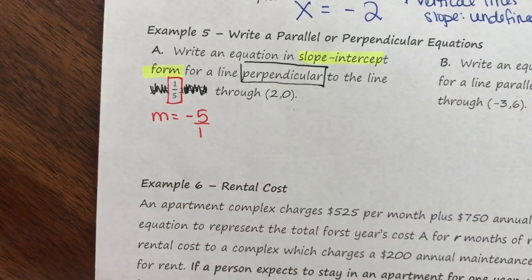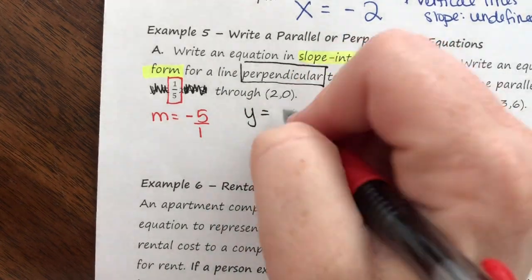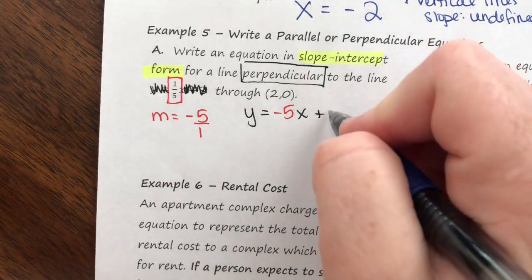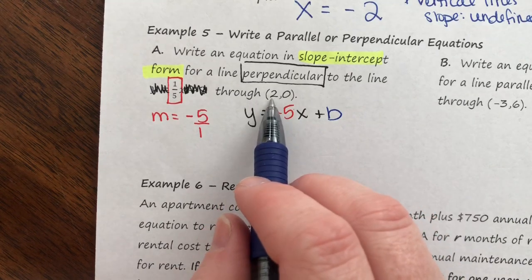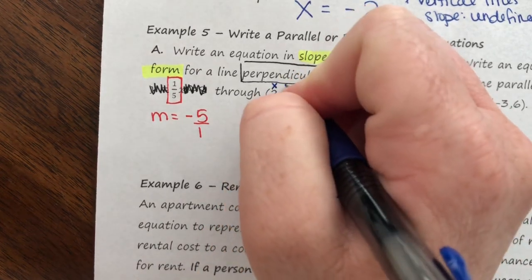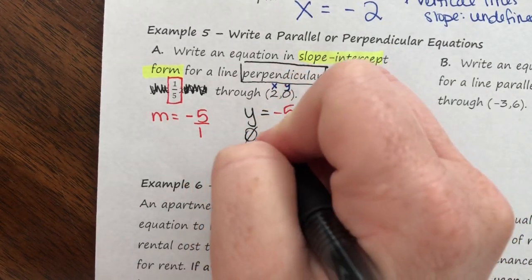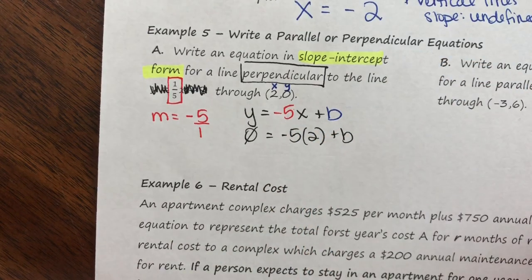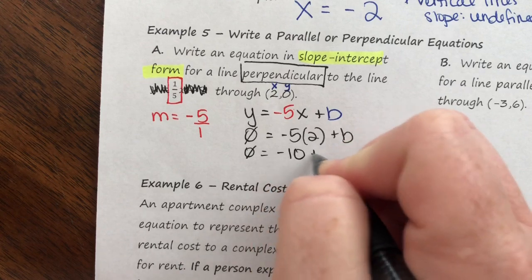So then we have to find b. So now I know my equation is y equals negative 5x plus b. To solve for b, I have to plug in an x and a y, and it gives me an x and a y right here. When x is 2, y is 0. So I'm going to use 0 equals negative 5 times 2 plus b. Now I can solve for b, right? 0 equals negative 10 plus b.